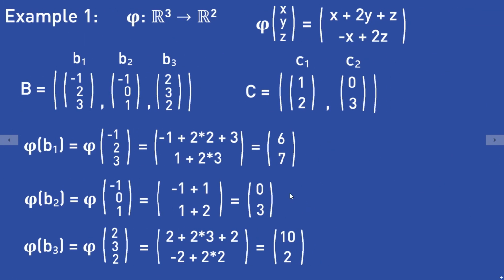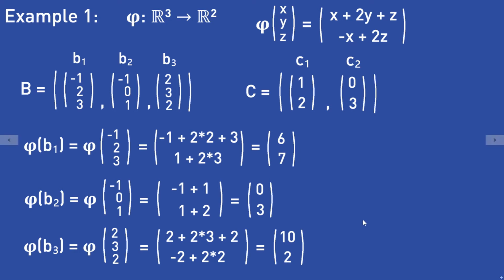And for phi b3, b3 is this vector here, so we get that here, and when inserting this here, we get the following, and by solving this, we get the following vector in R2, 10 and 2.